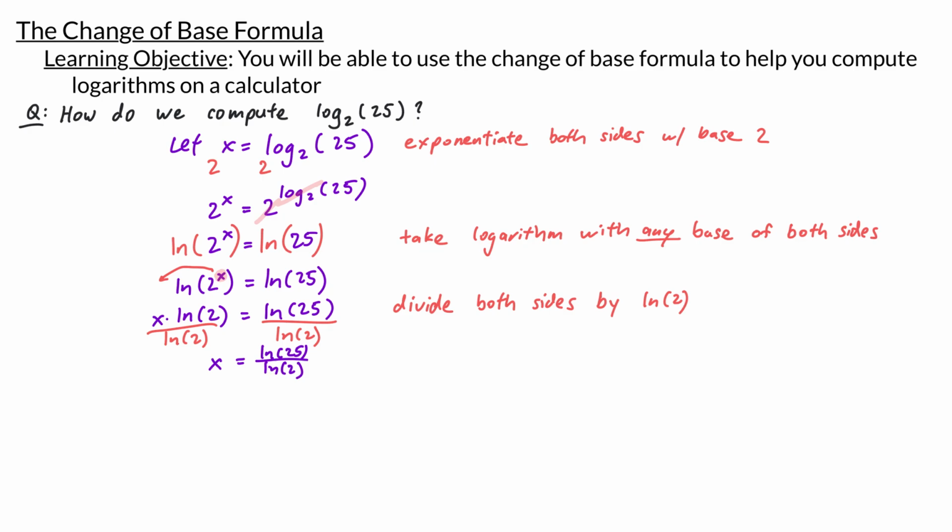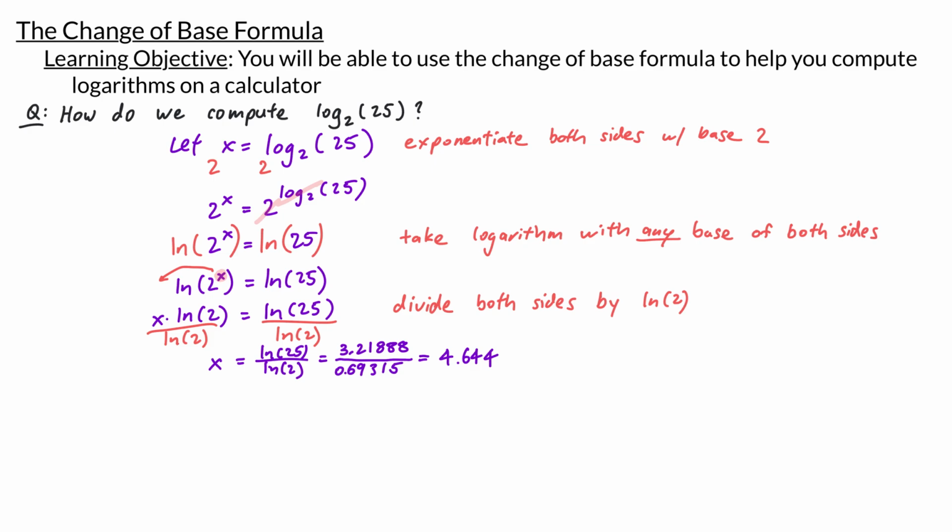Typing in ln of 25, we end up with 3.21888 if we round. And if we type in ln of 2, we get 0.69315. Now, if we divide these two quantities, we end up with 4.644 approximately.